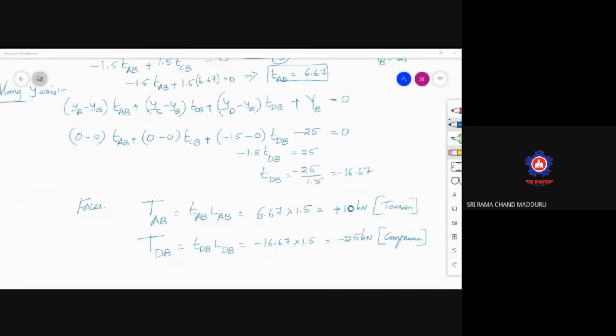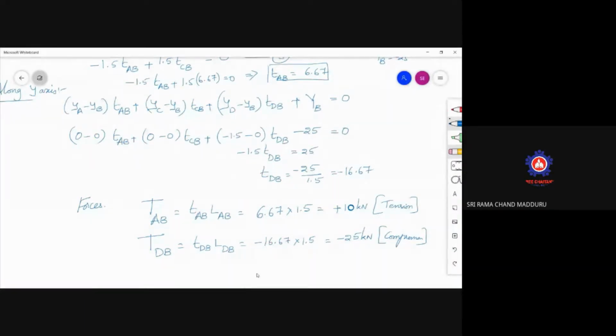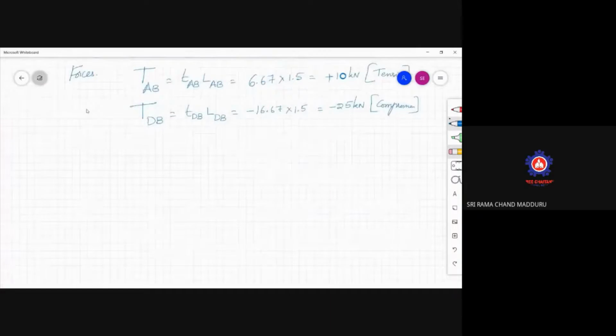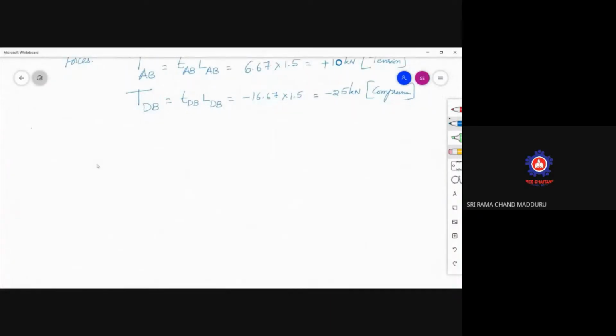So the TAB and TDB values are calculated: plus 10 kilonewtons as well as minus 25 kilonewtons, which is compression. Let's move to joint D.